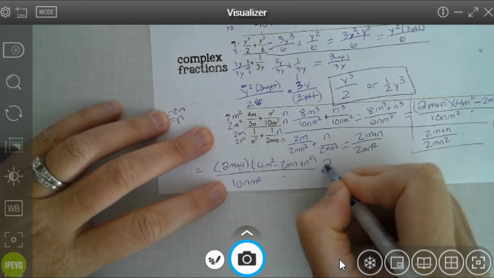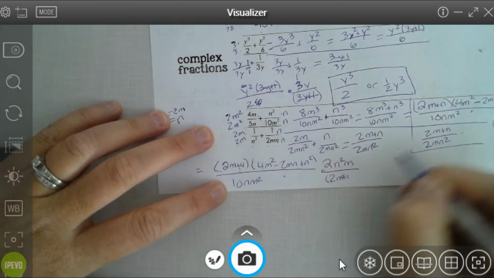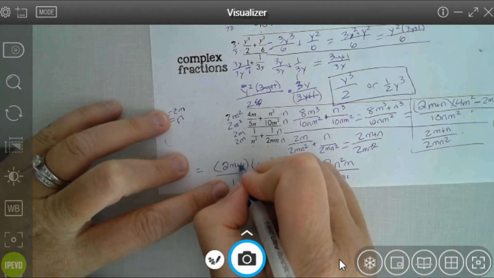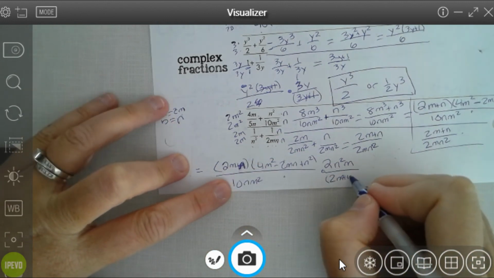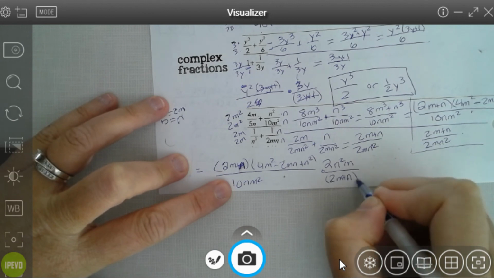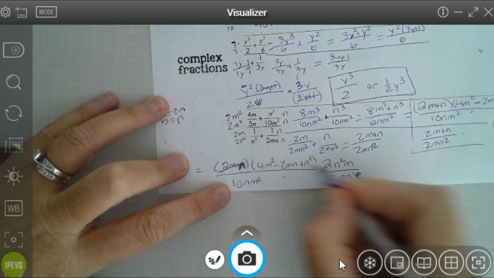Flip this bottom here, 2n squared m. Oh yeah, that's going to cancel some stuff down there too. Oh wait, we have an n there and a 4 here? Oh, this should have been an n. I was just misreading. Plus n. Let's see, what am I doing? Okay, there we go. So this one and this one cancel.